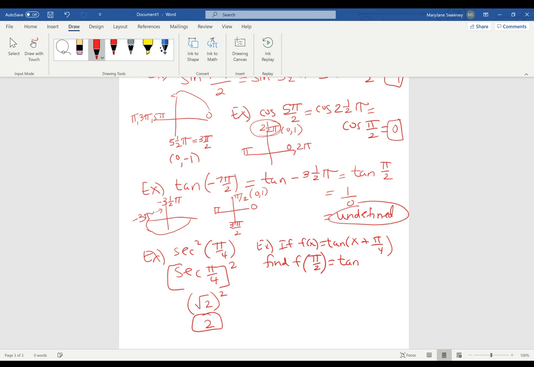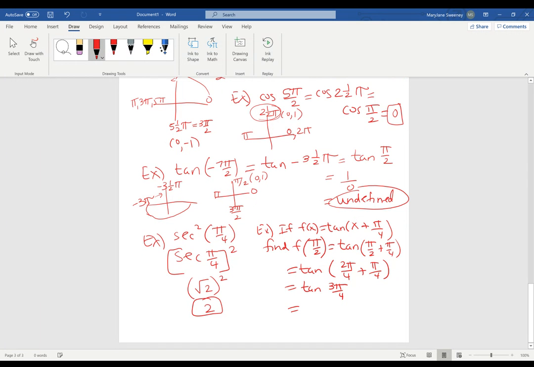So this is tan of pi over 2 plus pi over 4, which is tan of, we need a common denominator. So that's tan of 3 pi over 4. From our chart, tan of pi over 4 is 1.